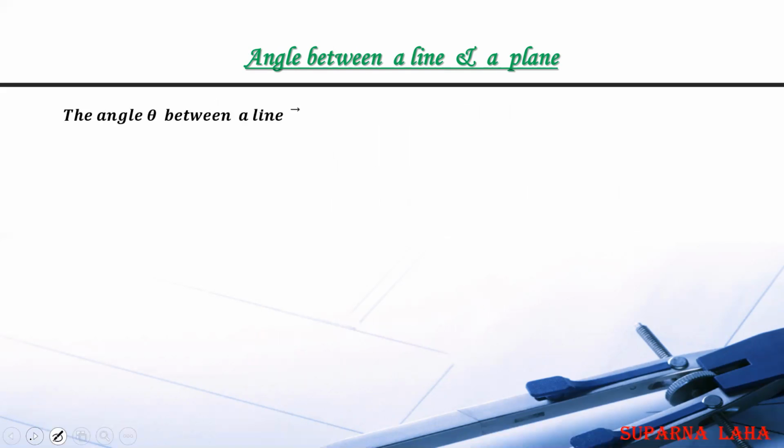So for the angle, there are also two forms, the vector form and the Cartesian form.